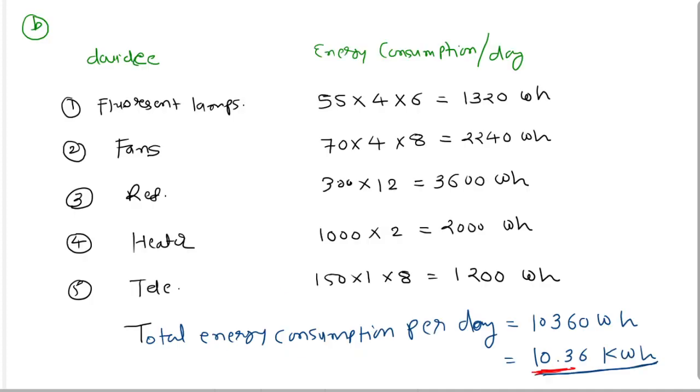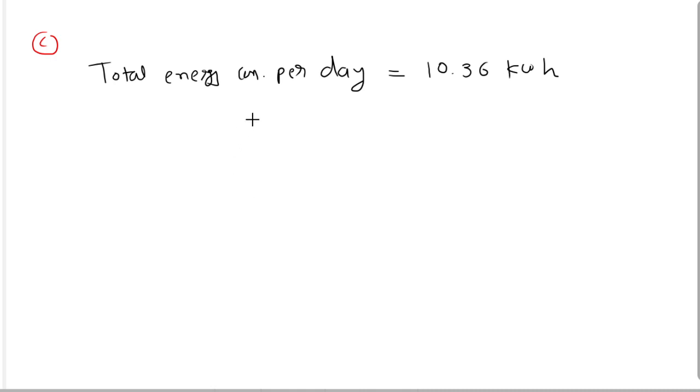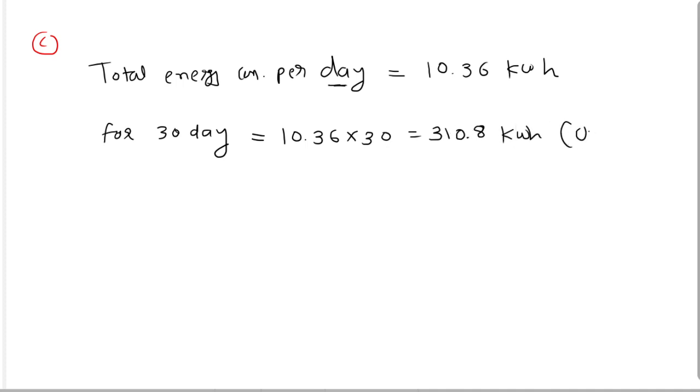Now the total electrical energy consumption in 30 days. So for 30 days, we multiply 10.36 by 30. The answer is 310.8 kilowatt hour.